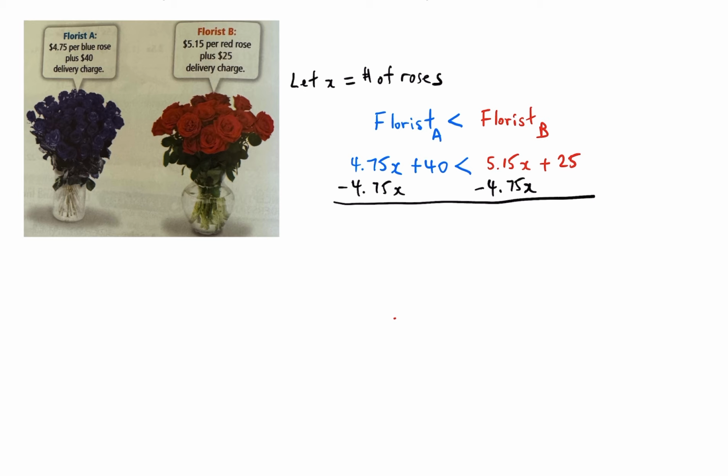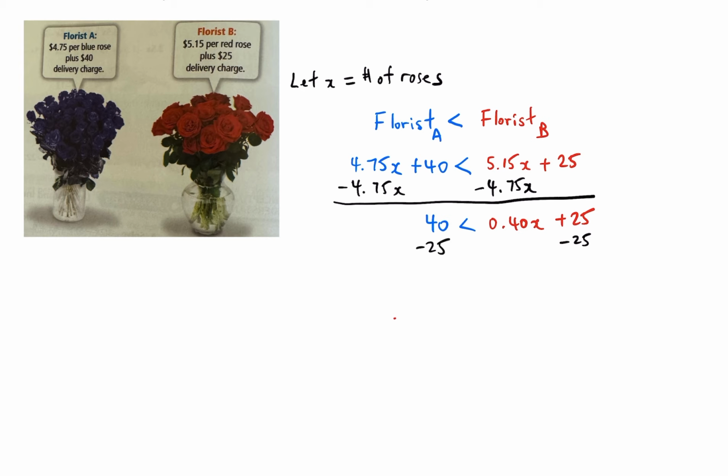Okay, and when we do, what we're left with is 40 is less than 0.40X, right? $5.15 minus 4.75 is going to be 40 cents, plus 25. Then the next thing we're going to do is move this 25 to this side of the equation. And to do that, we have to subtract 25 from both sides.